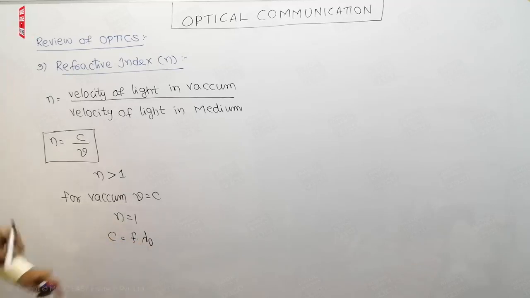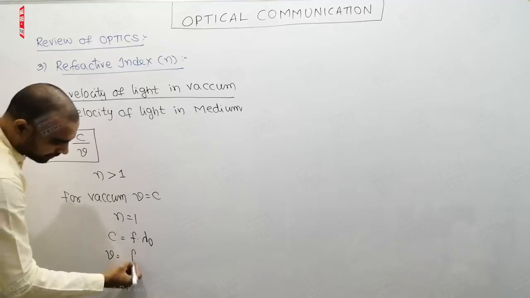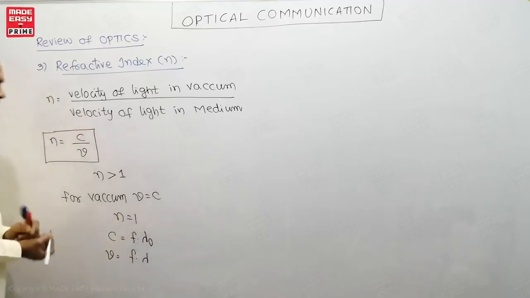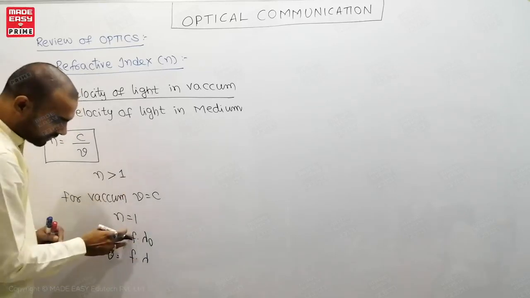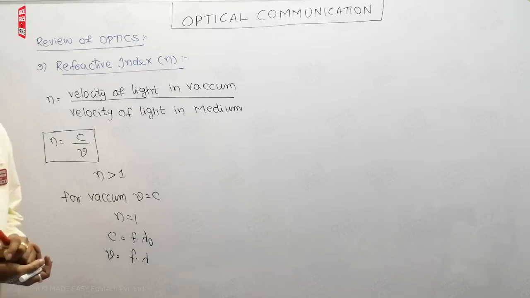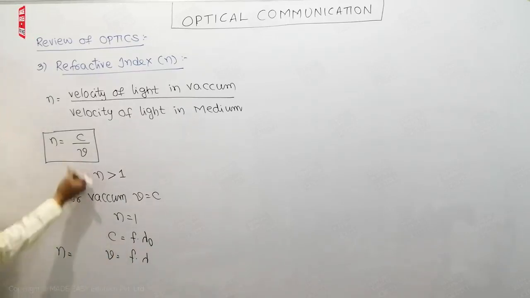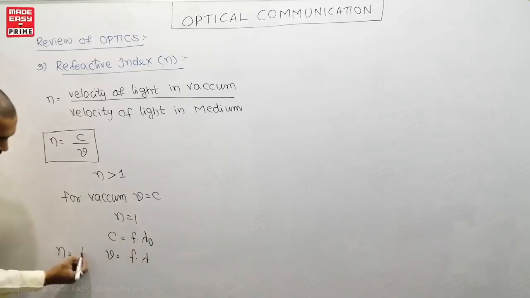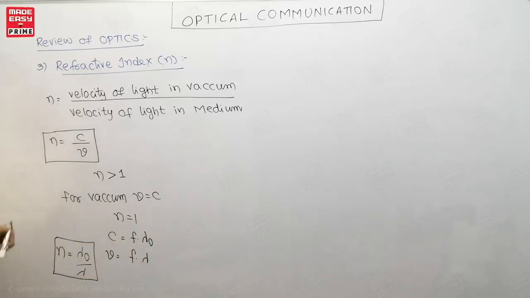And v in some medium is equal to f into lambda. The frequency f does not change, so the change is present only in its wavelength. Therefore, we can write the refractive index n is equal to c by v, f and f get cancelled out, which is given as lambda naught by lambda.